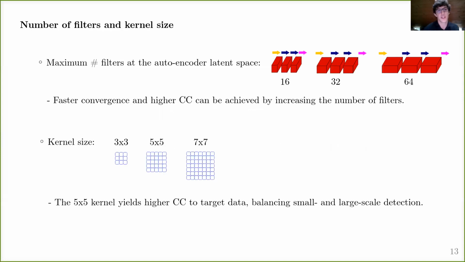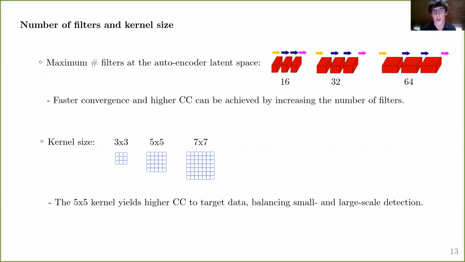Then we also tested the number of filters and the kernel size of this convolutional neural network. For the number of filters, what we did was to fix the number of filters at the latent space, using 16, 32 or 64. Our encoding branch was increasing up to 64 and then decreasing to 32 or 16.